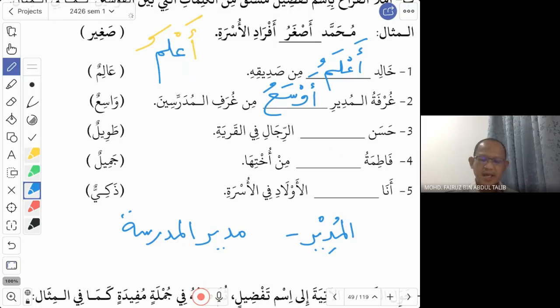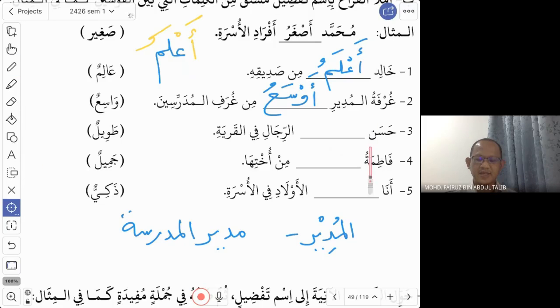Number 3. Hasan. His name is Hasan. Ar-rijal, men in the qaryah. Tawil, tall. So you want to say Hasan is the tallest man in the village. What is the word? From ta, waw, ya, lam. Choose 3 letters for the root word. Ta, waw, lam.